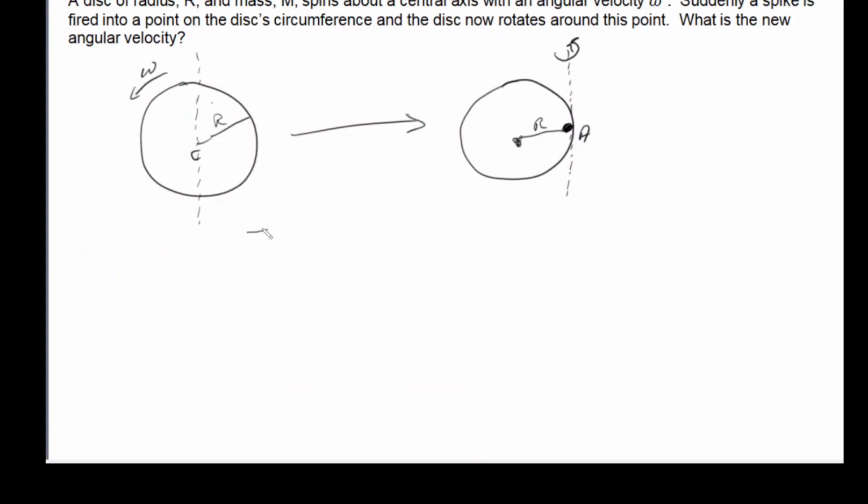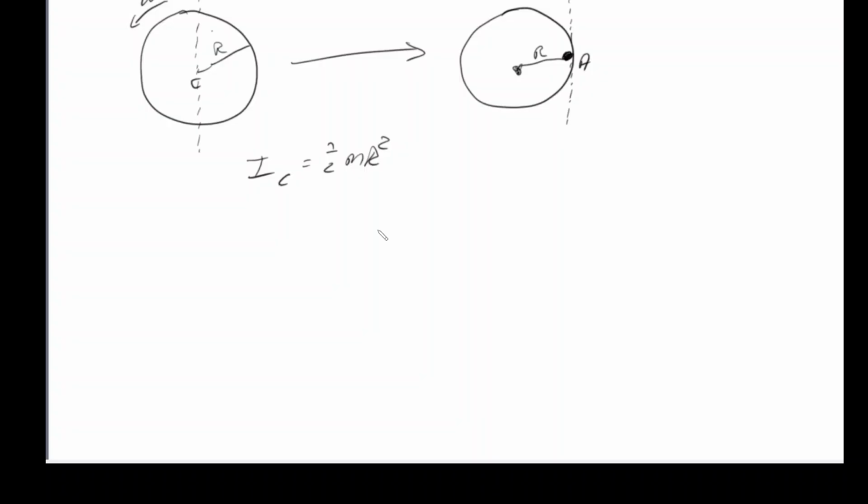So the moment of inertia for a disk is equal to 1/2 mr squared. So that's the moment of inertia for this disk going through the center of mass.